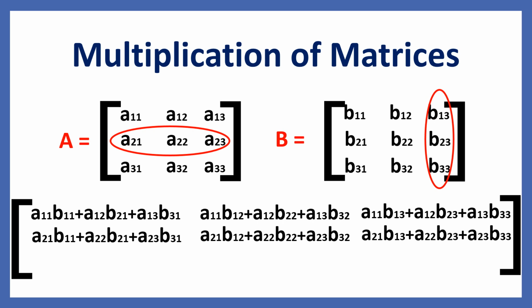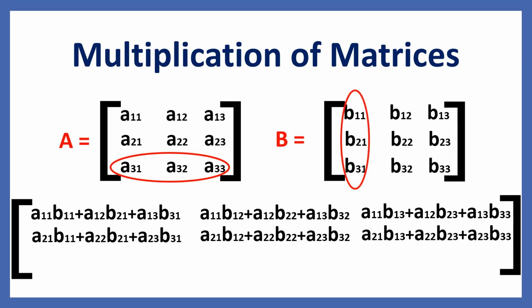And then coming to the next row, we have to consider the third row of the first matrix and the first column of the second matrix. And we get the values as A31 into B11 plus A32 into B21 plus A33 into B31.